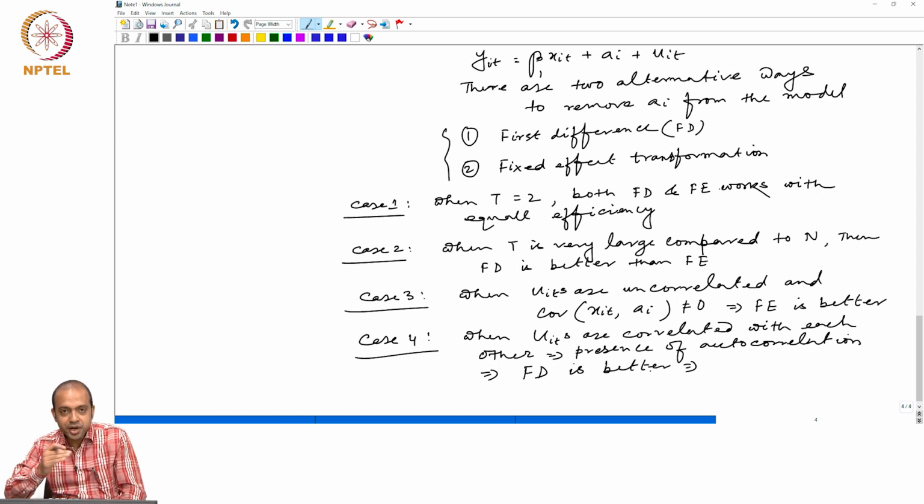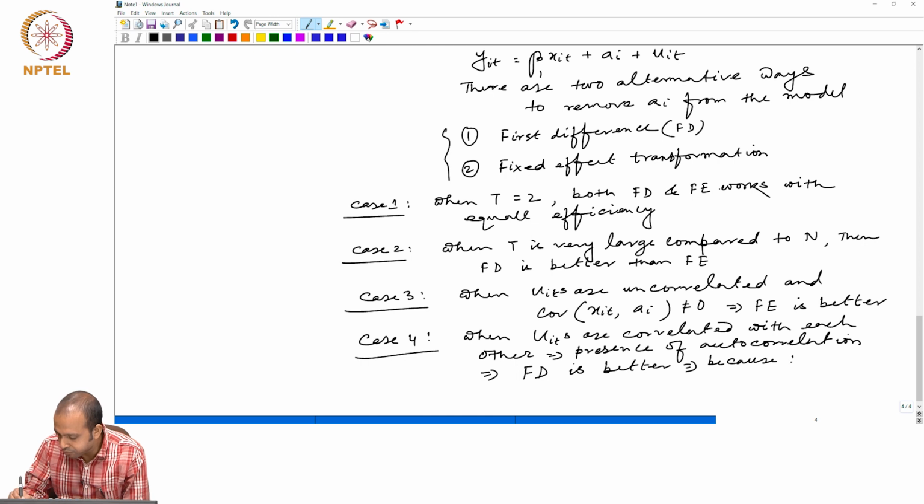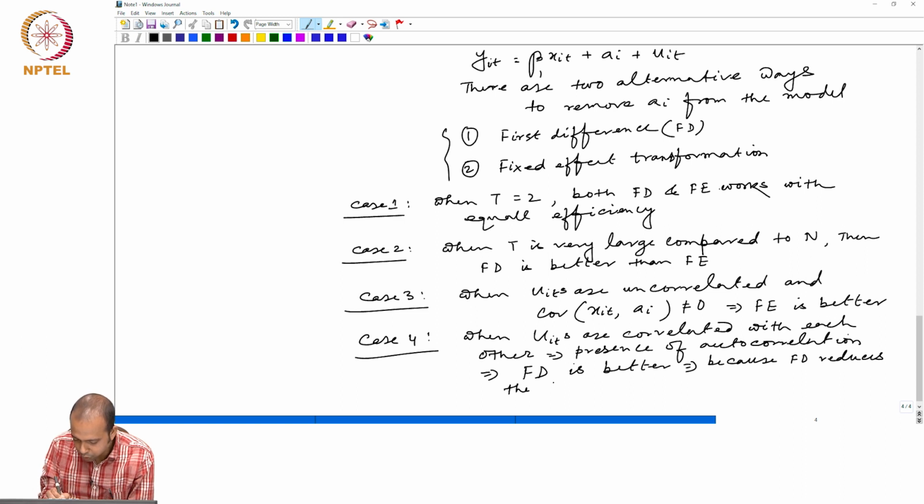So, the moment we take first difference, the severity of autocorrelation goes down. FD is better because FD, first difference, reduces the severity of autocorrelation.